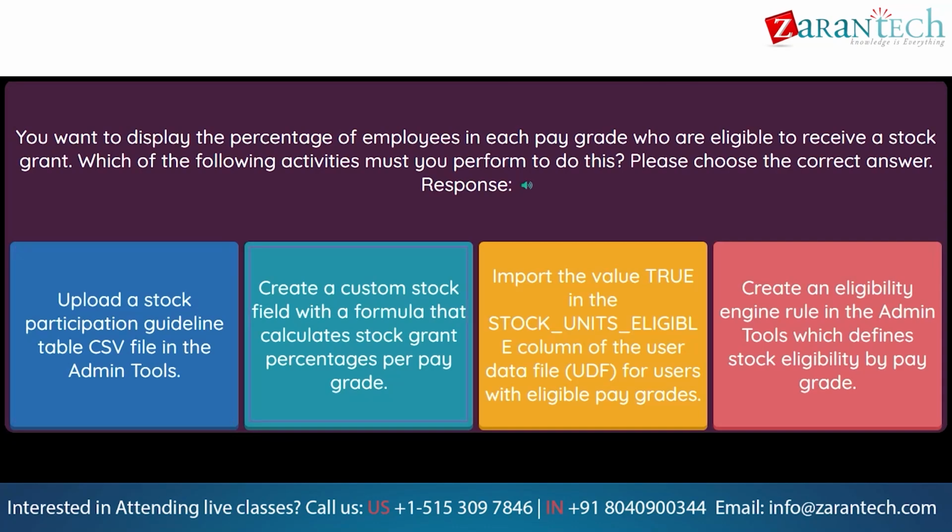Option 2, create a custom stock field with a formula that calculates stock grant percentages per pay grade. Option 3, import the value true in the stock_units_eligible column of the user data file, UDF, for users with eligible pay grades. Option 4, create an eligibility engine rule in the admin tools which defines stock eligibility by pay grade.